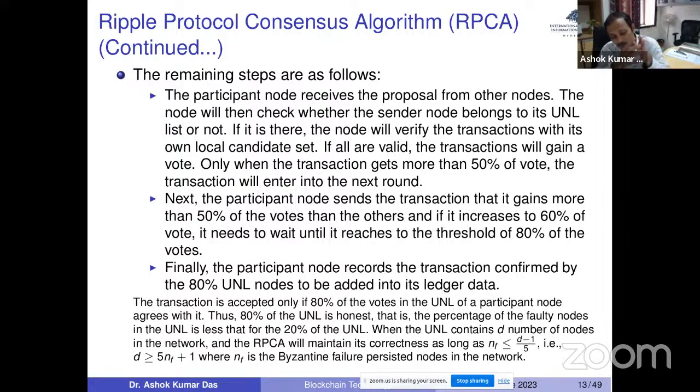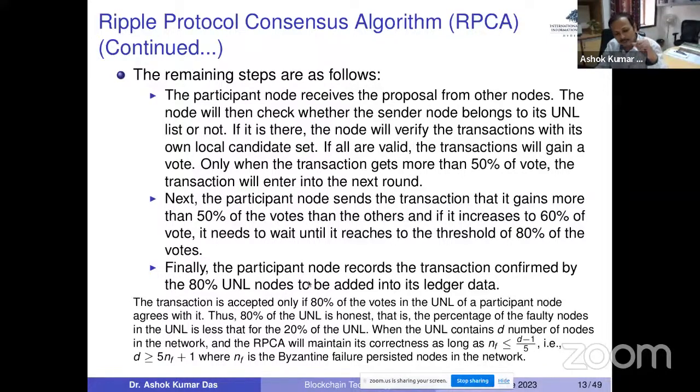And once it hits the maximum threshold value of 80% of the vote, the node will decide that these transactions can be added in a block and put in the blockchain. Therefore, the participating node records the transactions confirmed by 80% of UNL nodes that need to be added into its ledger data.